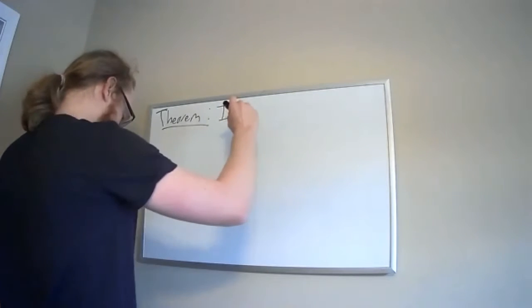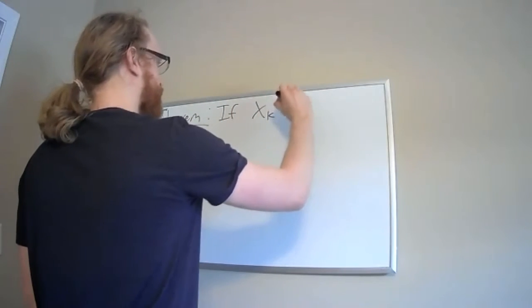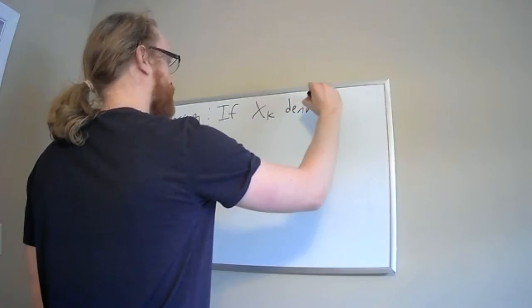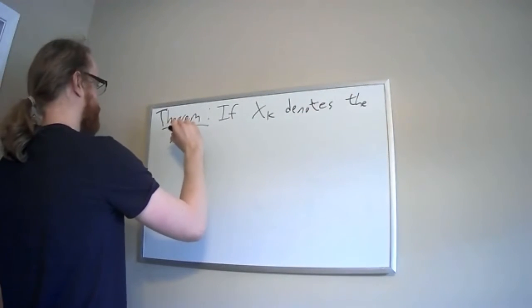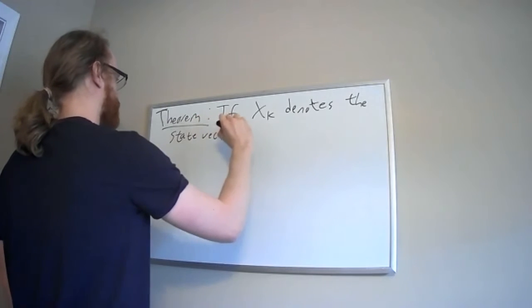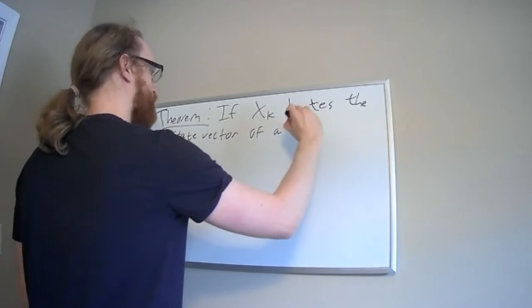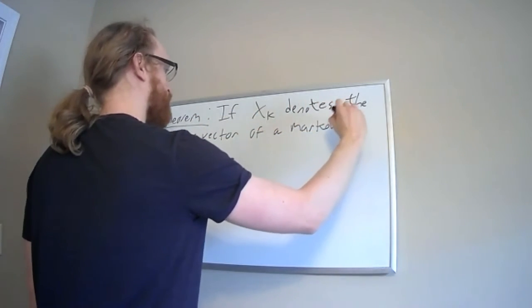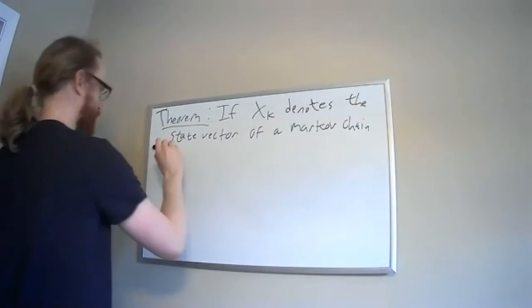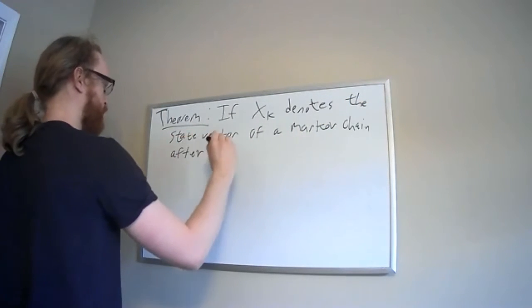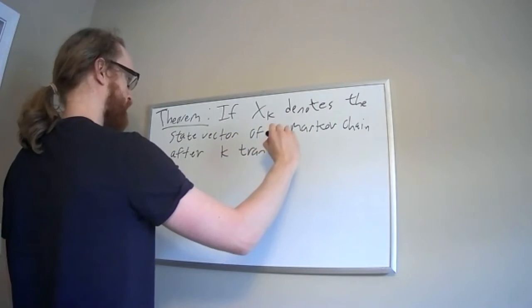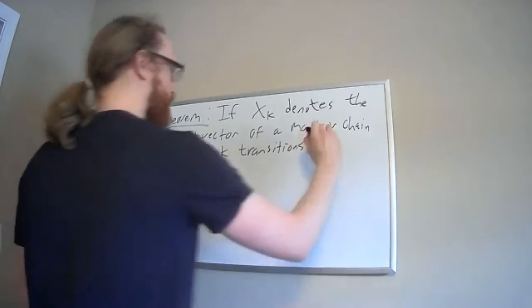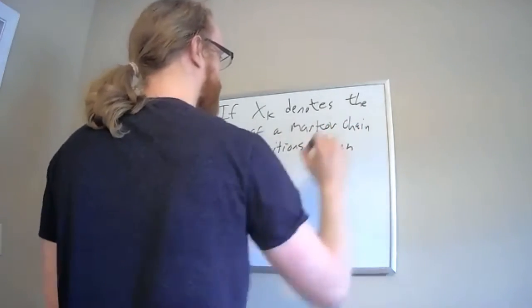If xk denotes the state vector of a Markov chain after k transitions or steps, then we have the following fact.